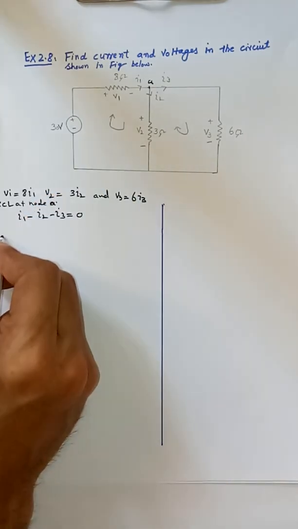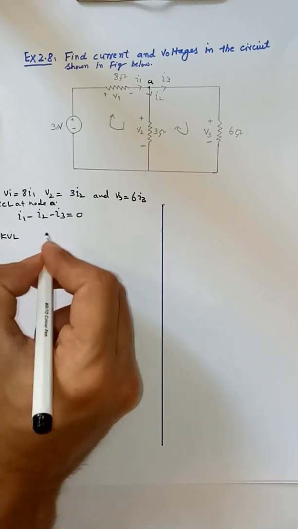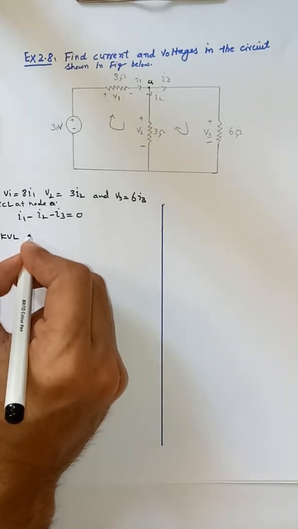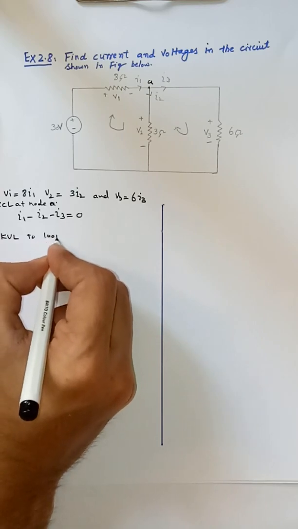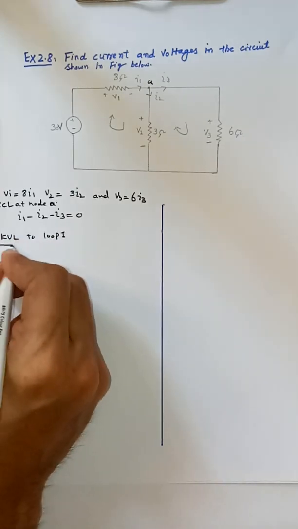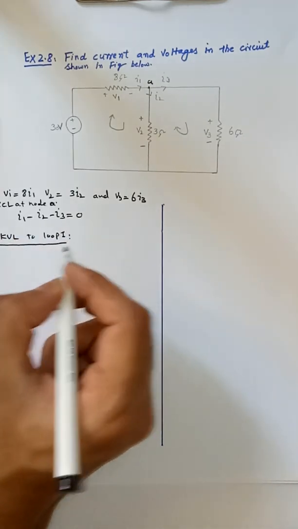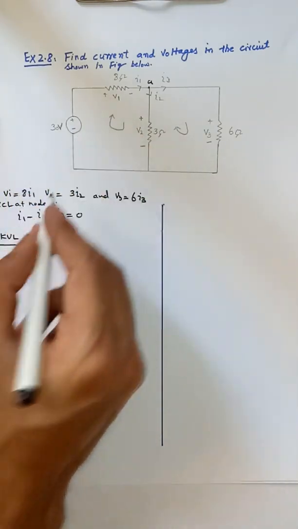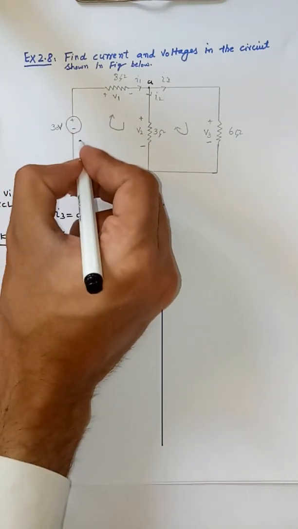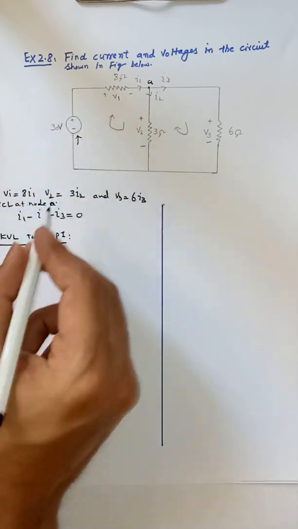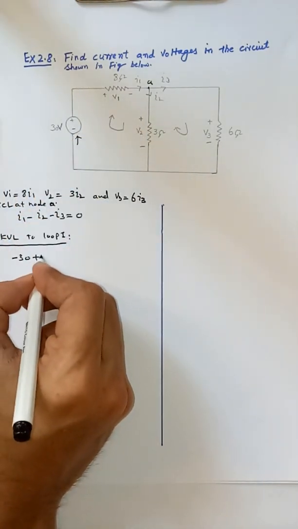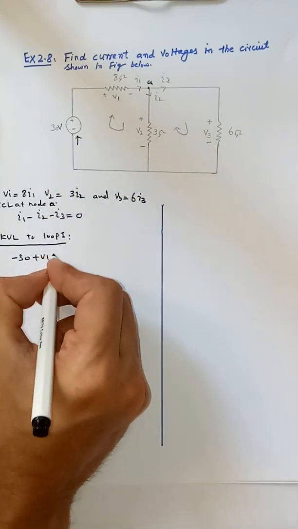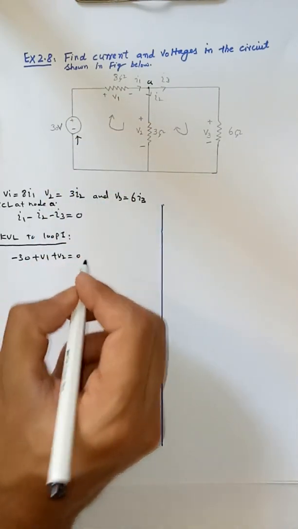Applying KVL at loop 1: minus 30 plus V1 plus V2 equals 0.